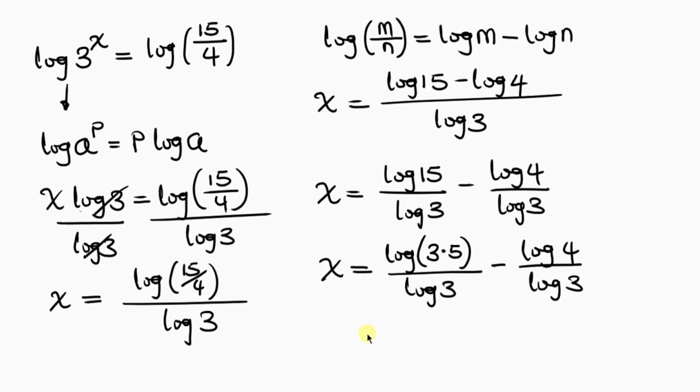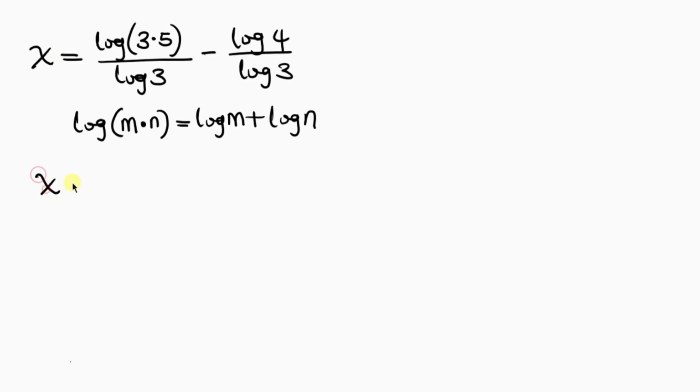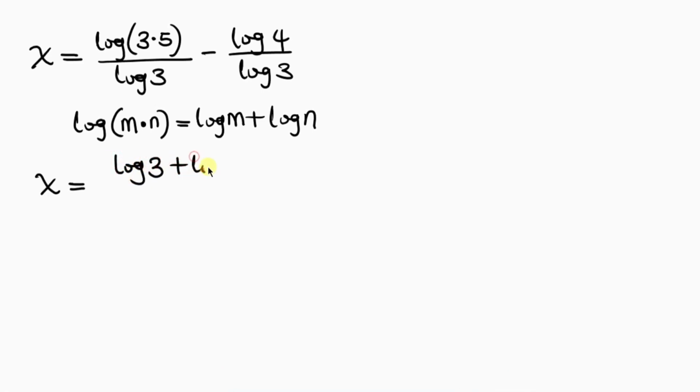The law of logarithm that says when I have the log of m times n, this can be expressed as the log of m plus the log of n. So this becomes x equal to, writing this in this form, we have the log of 3 plus the log of 5 divided by the denominator log 3, and then minus log 4 all over log 3.